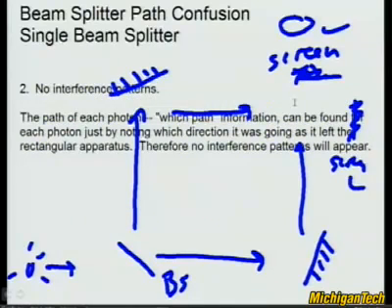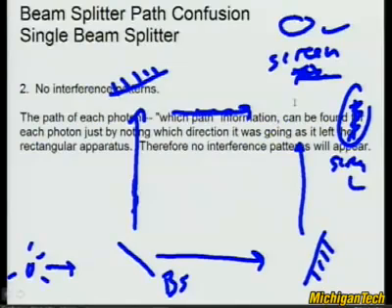That's because the path information can be found for each photon just by noting which direction it was going as it left the rectangular apparatus. So for instance, all the photons that go this way, then they bounce off this one and they go this way, they all end up here. So we know which path they took through this apparatus. The ones that go here, they bounce off this and they end up on this screen.